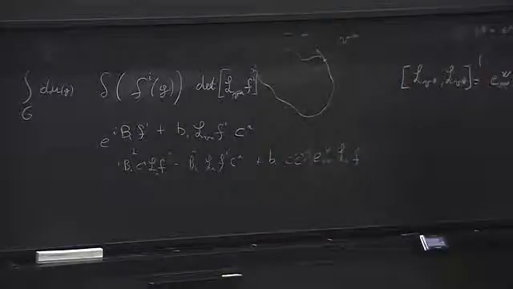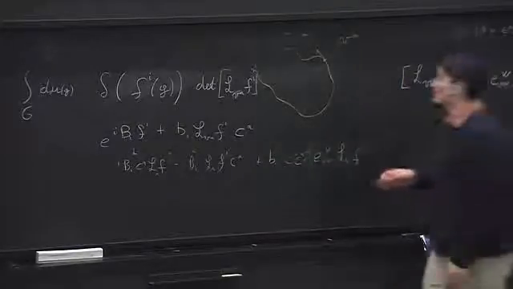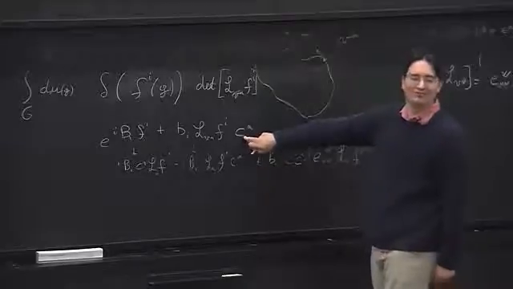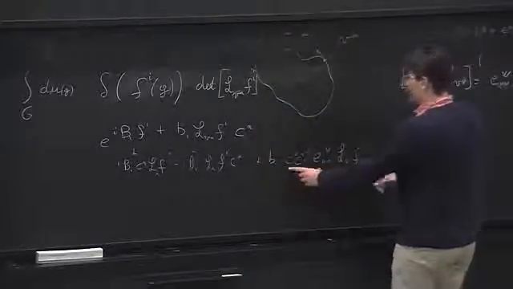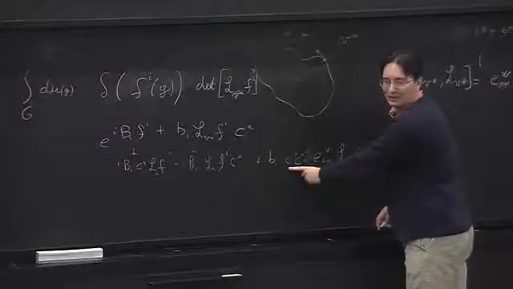So how do I kill it? Well, the way I kill it is by giving an interesting transformation to c. If I have c transform into this, it is to cancel out this term.